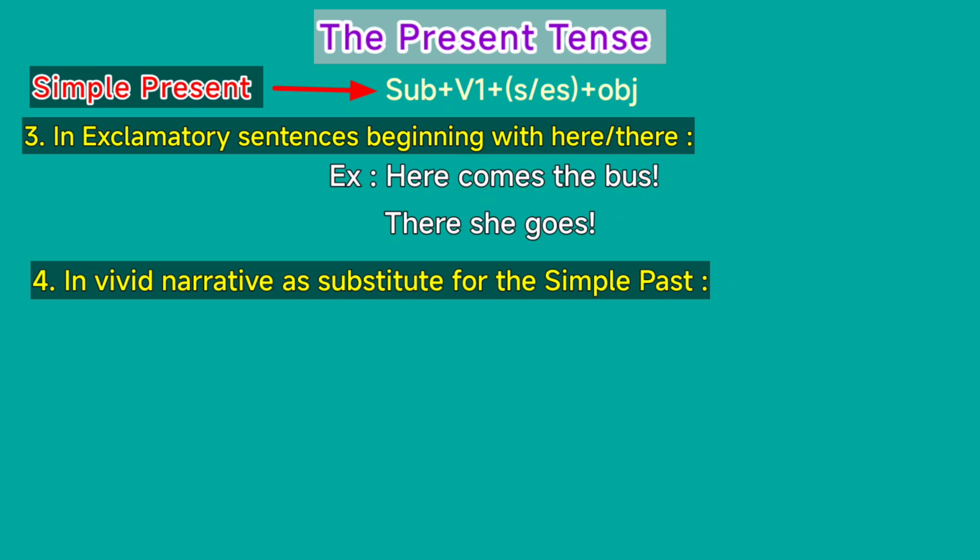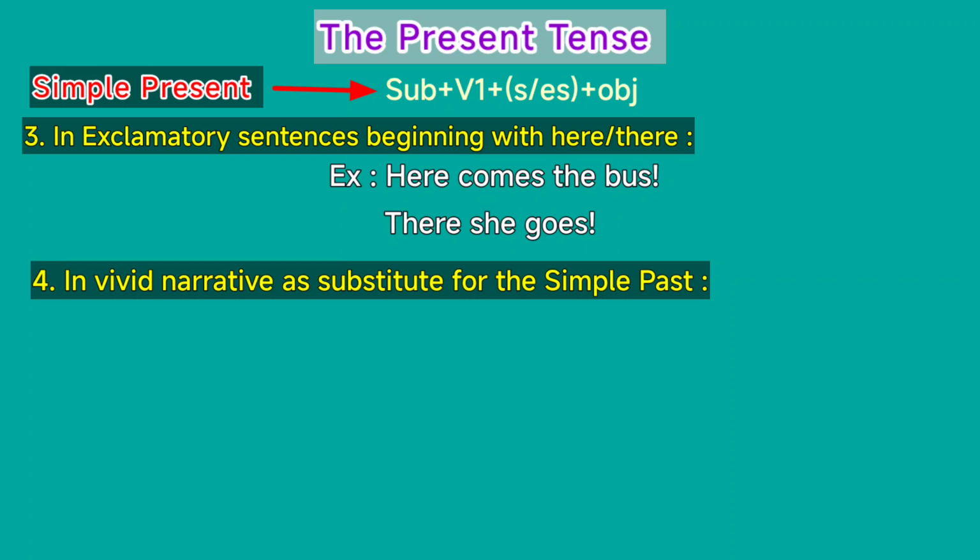After watching a movie or reading a story, to describe what happened there to someone else, we use simple present tense. The purpose of using simple present here is to make the event or action more lively. We use simple present rather than simple past.